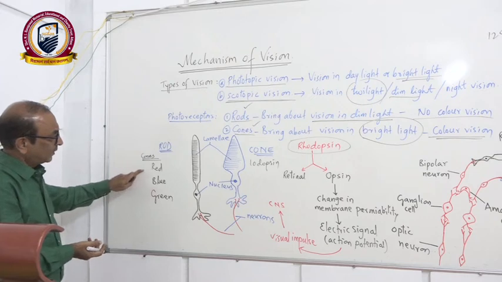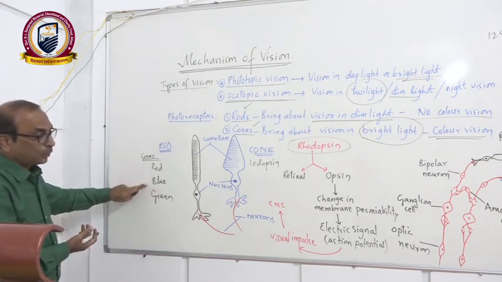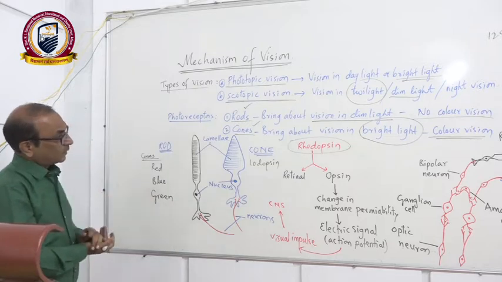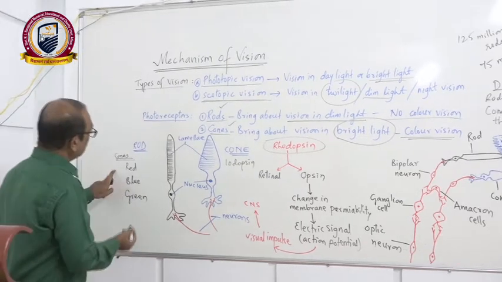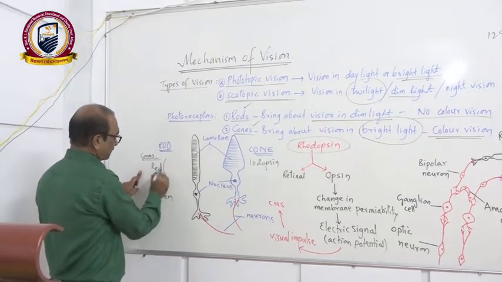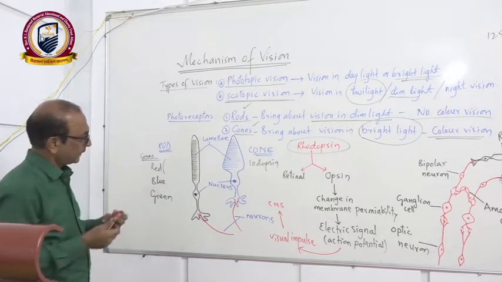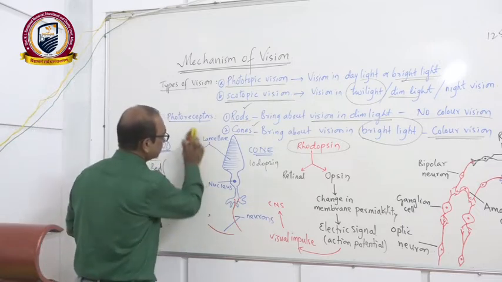One for the detection of the red color, one for blue and another for green. So they are differently labeled also, like erythrolabe for the red color. About rods we have already studied. Let me rub it.